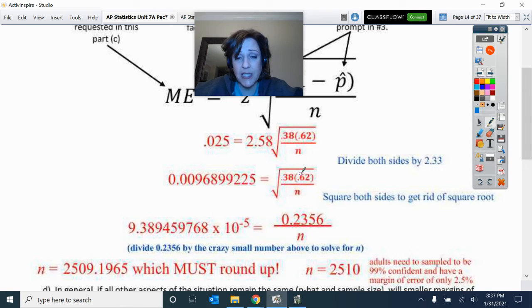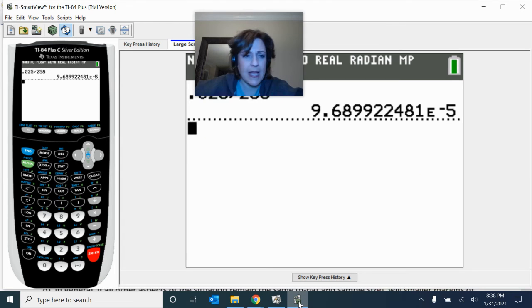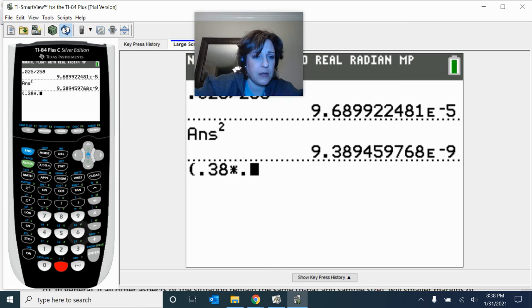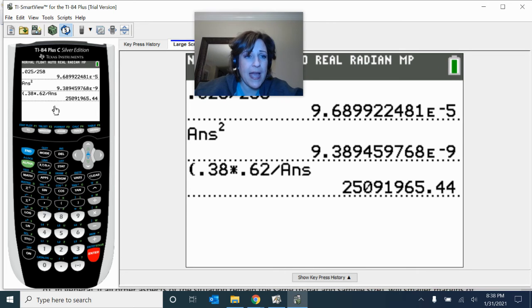Then I'm going to take this product of 0.38 times 0.6. Oh, let's see. Did I square both sides already? I don't think I squared both sides. I need to take that product of 0.38 times 0.62 and divide it by that previous answer to get my amount.